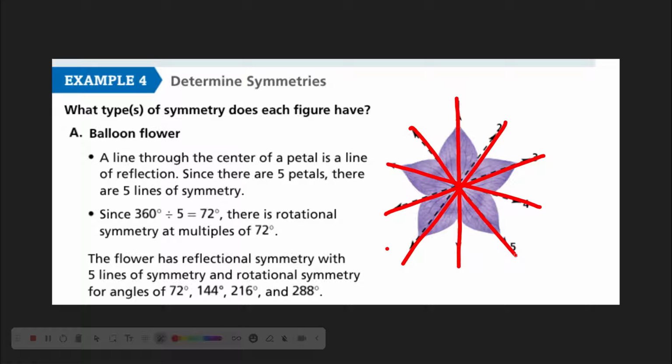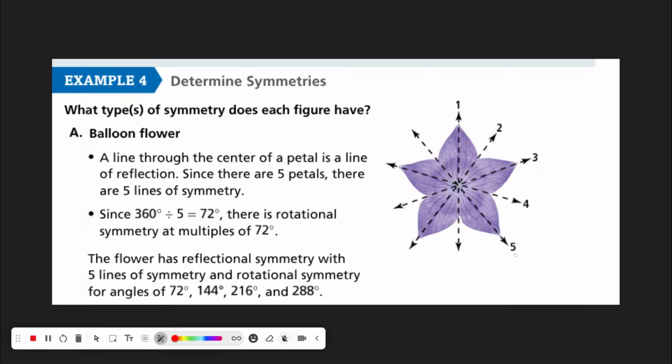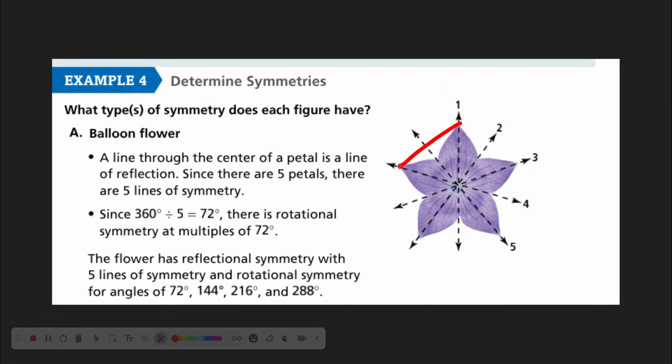But for rotational symmetry, just do this. Connect the endpoints. What shape does that look like? Pentagon. Draw a circle around it. How many degrees is a circle? How many sides do we have that are equal?